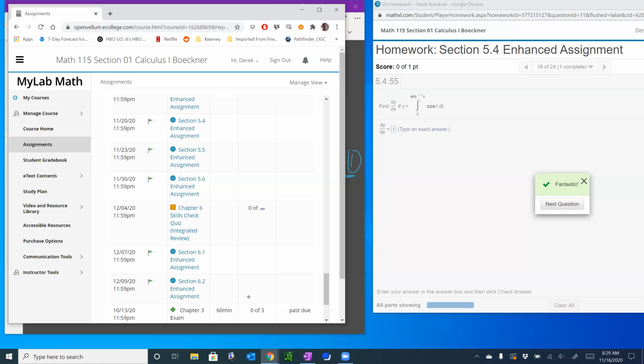So 6.1 will be that Monday. 6.2 will be due that Wednesday, but then we'll have basically all of that week to review because I will have gone over the 6.1 and 6.2 material starting Thursday and Friday of the previous week and probably finishing up Monday or Tuesday of that week. So we'll have a good 3 days for review probably.